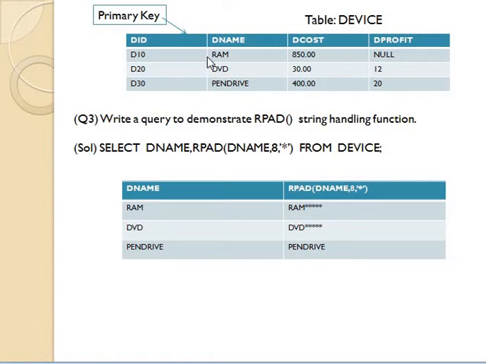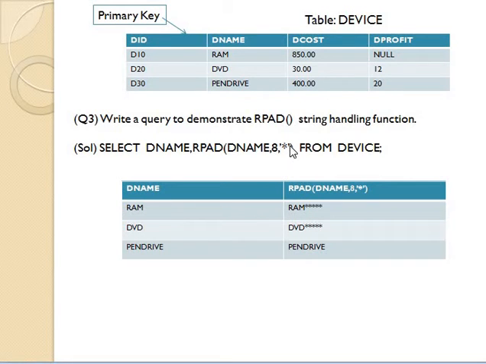Now consider the first entry RAM of the column dname in the table device. This entry RAM consists of only 3 characters, but I have to make the total number of characters 8, so I have to add an additional 5 characters, which shall be of asterisk type, to the right side of the string called RAM.